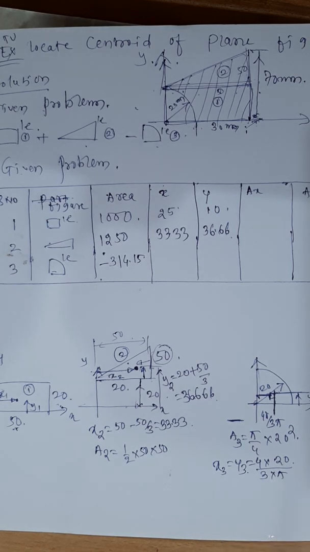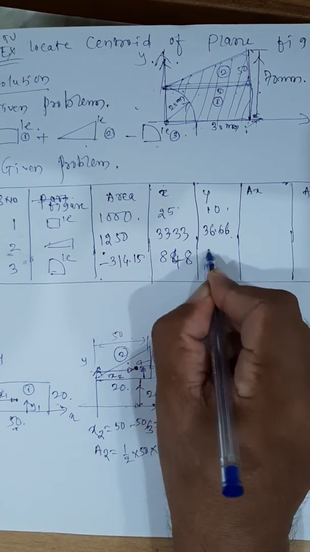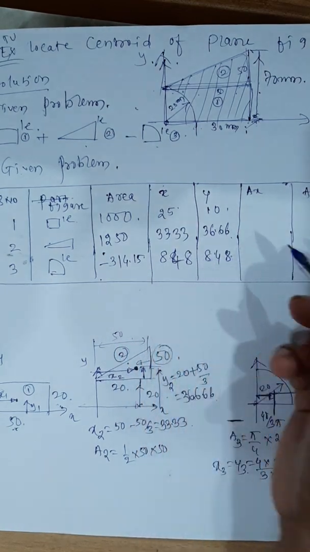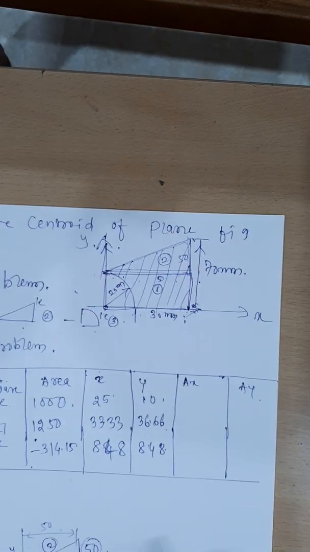Yes, 80 divided by 3 pi equal to 8.48. 8.48. Now you calculate all these values and tabulate the results.